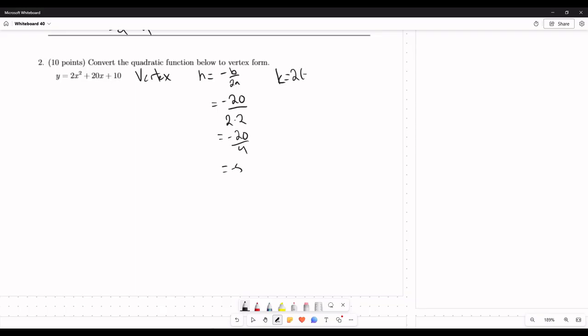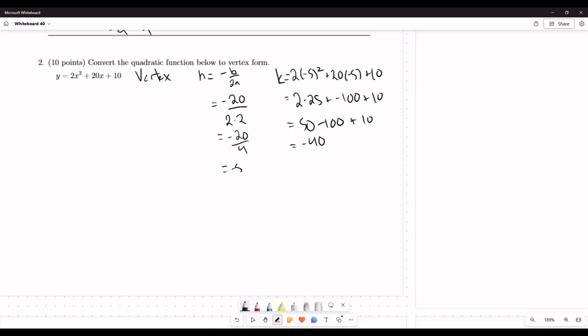So we get 2 times (negative 5) squared plus 20 times negative 5 plus 10. Well, that's going to equal 2 times 25 plus negative 100 plus 10. So that's 50 minus 100 plus 10. That's 50, negative 50, negative 40.